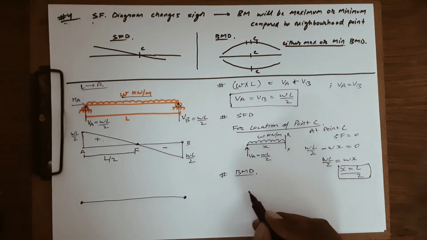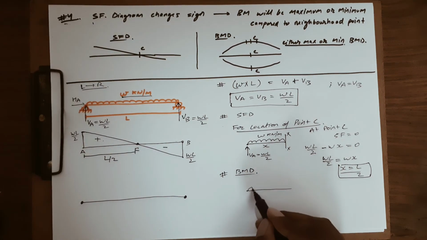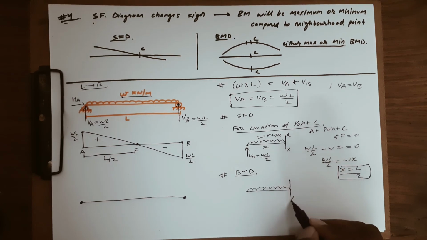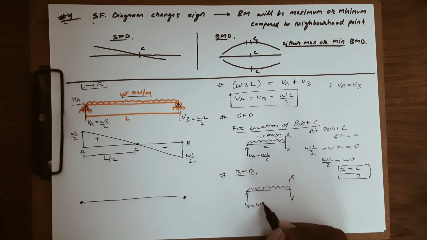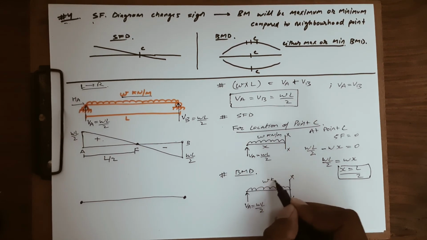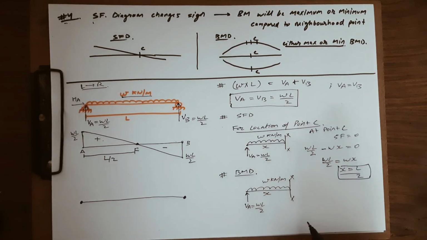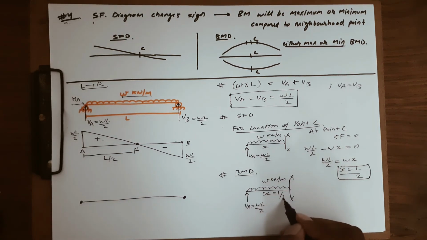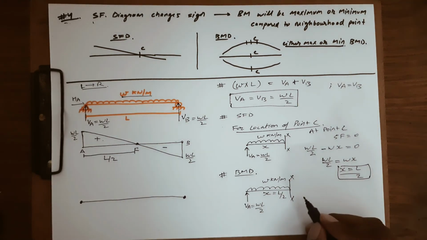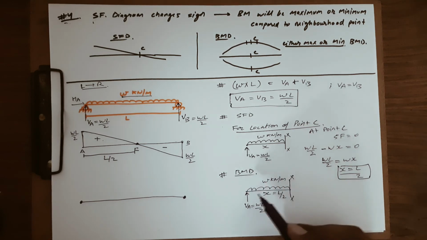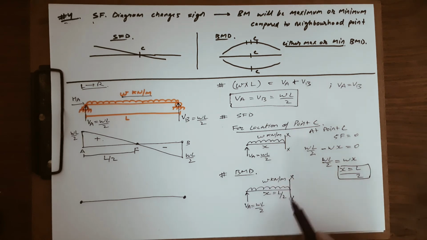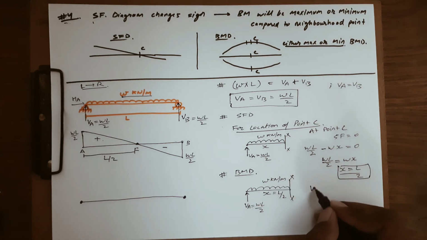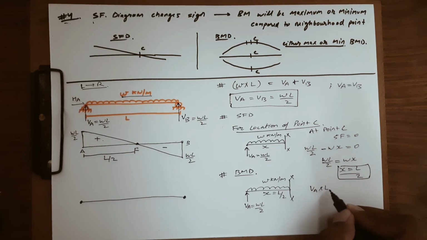So we will again use the method of sections. This is the UDL and this is the cross section. Here VA is acting, that is WL by 2, with W kilonewton per meter, and at distance X, X is equal to L by 2. Now for bending moment, we are going left to right, so clockwise is positive. VA is clockwise, generating moment at X, so VA into X, that is L by 2.